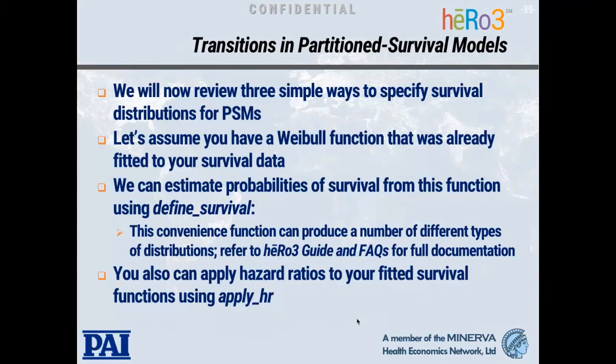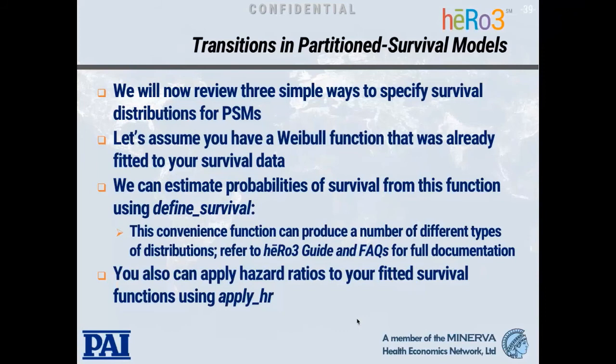All of those are set up so that you can define them. We're just using Weibull as an easy example here. If you have the parameters already defined, you simply use the define survival function, as well as a few other functions for defining more complicated types of models, and you tell it what type of distribution it is and what parameters are being passed in.